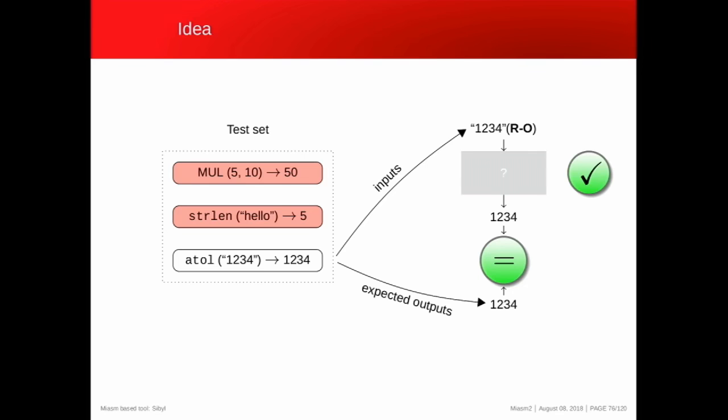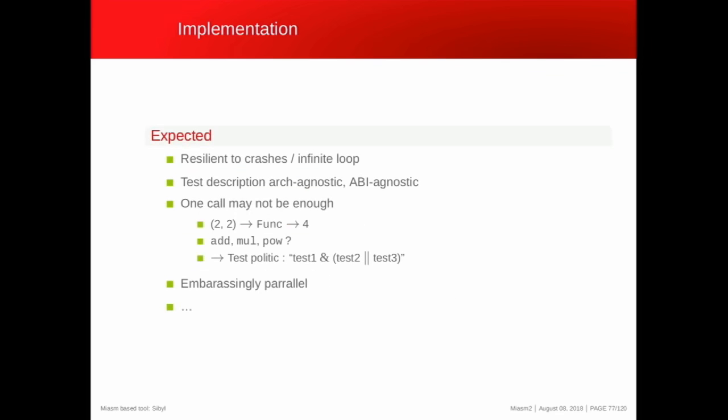So it's maybe A2L. So regarding the implementation, we have to be resilient to crashes because it can take a fault, of course. If the function expects a pointer and you give it 5, it will crash. As we are using emulation in Miasm, it's emulated, so there is no real crash. The infinite loop also has to be taken into account.